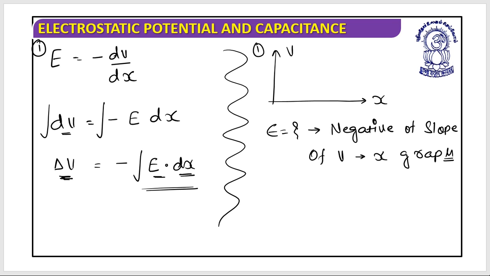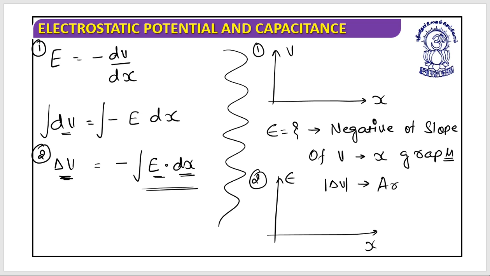That is the first case. And this is the second case. If I have been given a graph of E versus x and I require the magnitude of delta V, then I need to find the area of the E versus x graph.